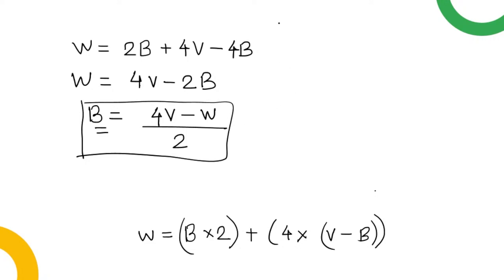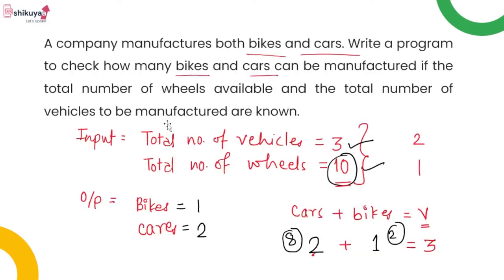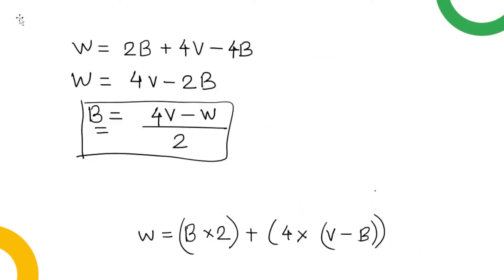Then what are the constraints for this? So now we know that if you check the statement here, the given data is the total number of vehicles and the total number of wheels, and we want the number of bikes and number of cars that can be manufactured. So what are those constraints?